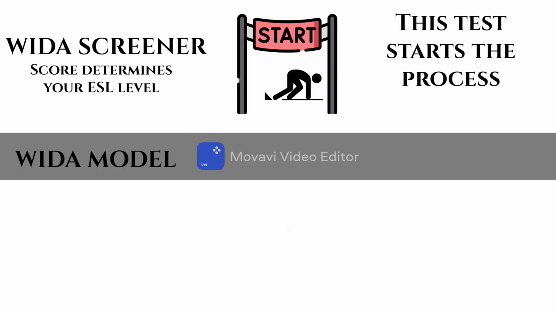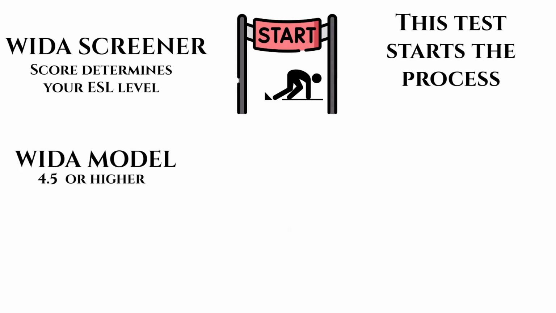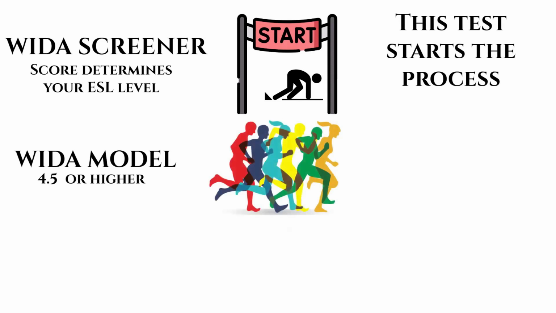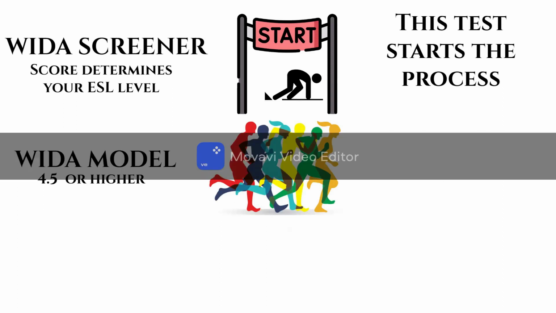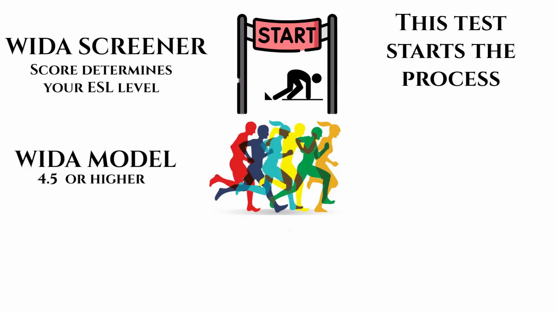And the WIDA model is the second test that I mentioned. An important thing to know about the WIDA model, although it just started 4 years ago, is that you want to check on the student's progress. So if we're connecting it to a race, while they're running the race, we want to check in with them. This is important because sometimes, for example, a child comes in from another country and is experiencing what they call the silent period.